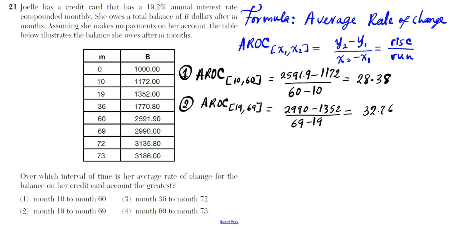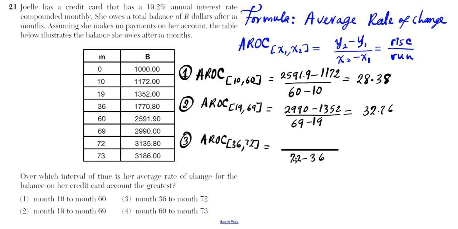For interval 3, we need to find the average rate of change from month 36, that is our x1 in this case, to 72, that's our x2. So first things first, we divide by the change in x, also known as your run, x2 minus x1. So x2 is 72 minus x1, which is 36.